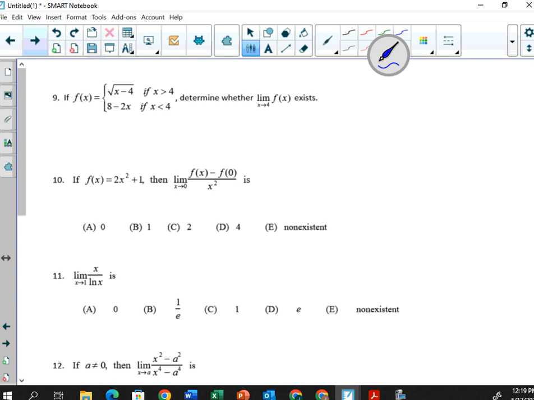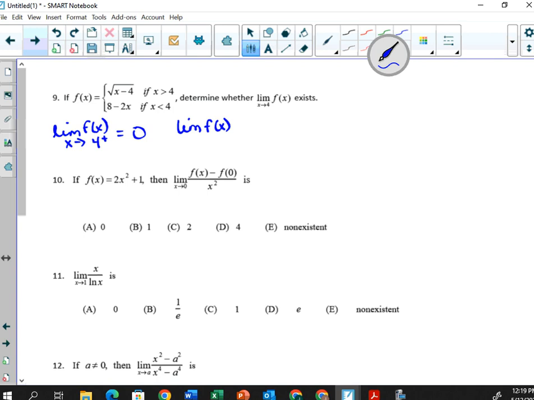It is piecewise, so what do you think I need to do? The same thing. Figure it out, exactly. So limit of f of x as x approaches 4 from the right. Are we going to use the top piece or the bottom piece? Top, what do I get? 0. Okay.